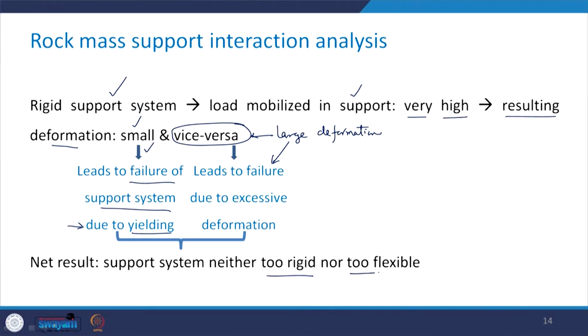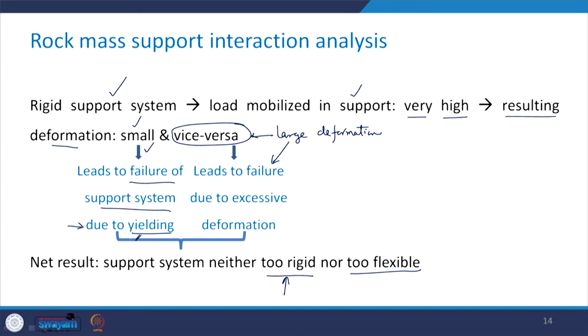So, the net result we get from here is that the support system should neither be too rigid nor too flexible. If it is too rigid, first, it will be highly uneconomical, and the failure will be because of the yielding of the support system.